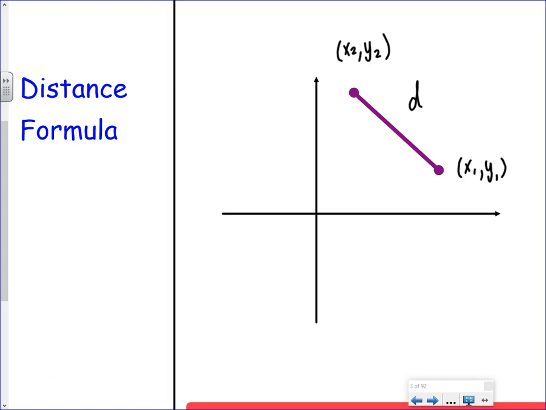Yeah. Let's go over x to x2. Yeah. That's true. So he's saying go over x2, go up to y2, and as you go up, couldn't you think about that vertical line? Okay. Maybe part of that is a leg.